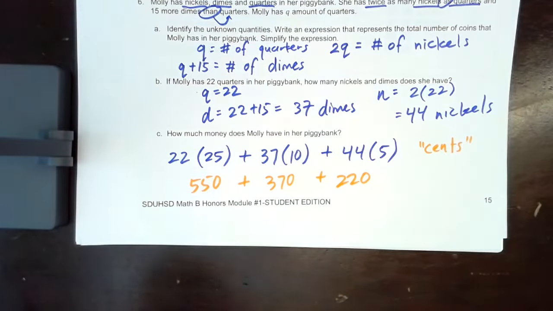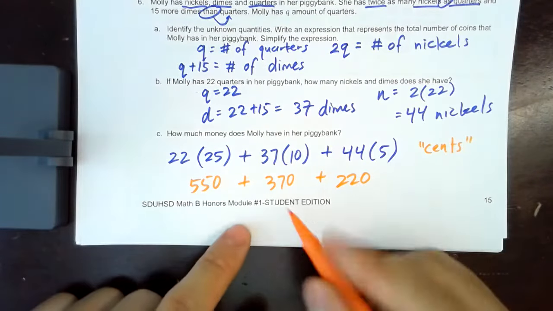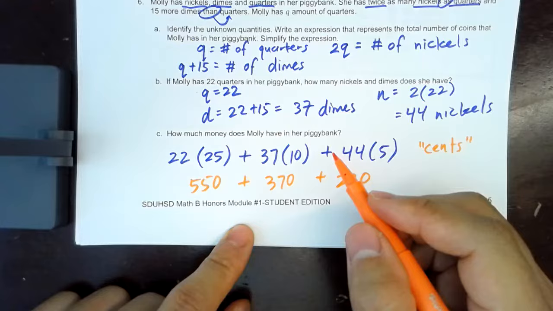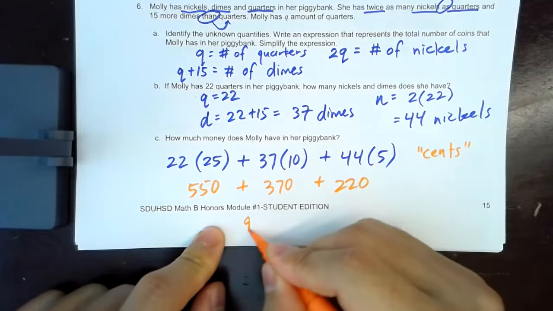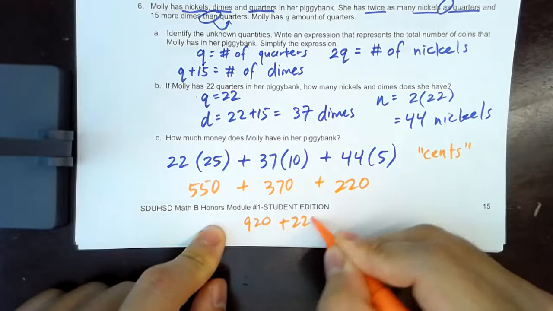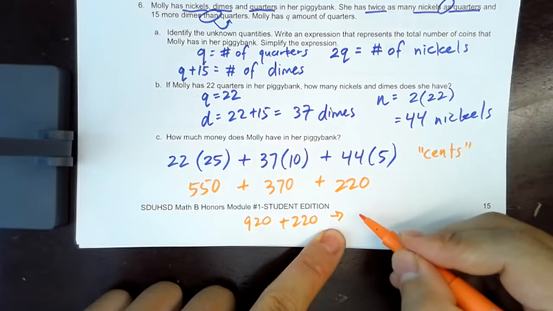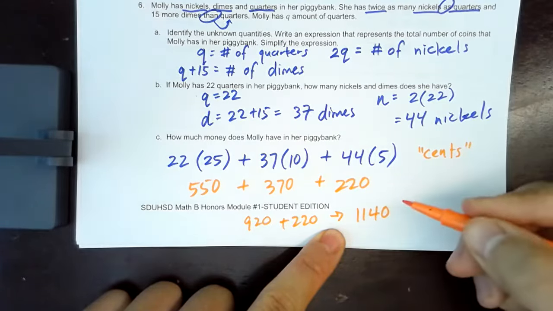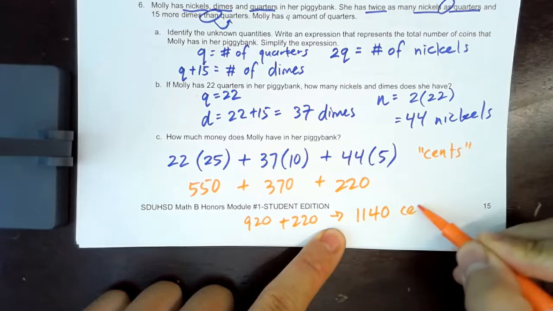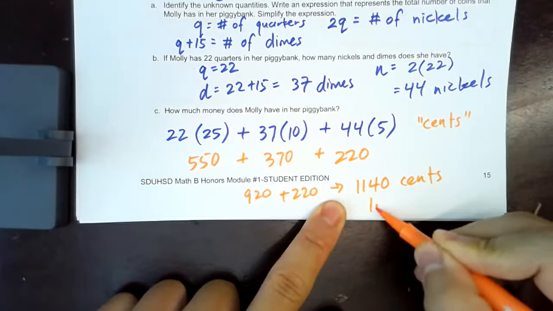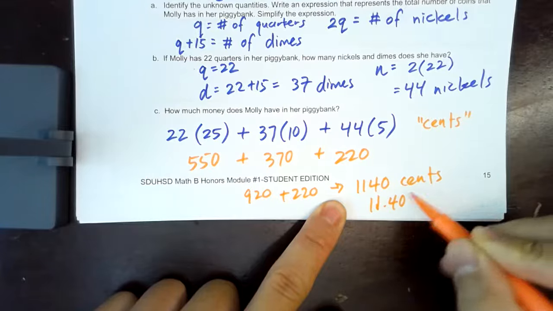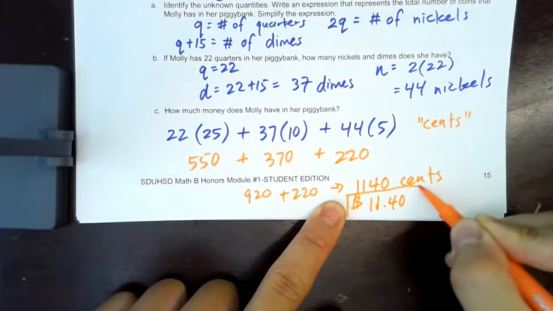So 550 plus 370 is 920. 920 plus 220 is going to give you a grand total of 1040. Oh, no, I'm sorry, 1140, right? And then 1140 cents means $11.40 in actuality.